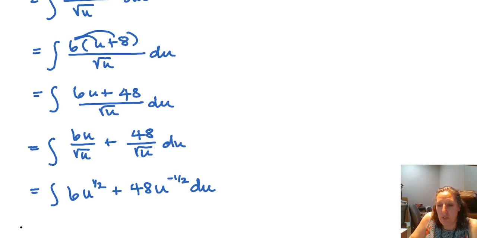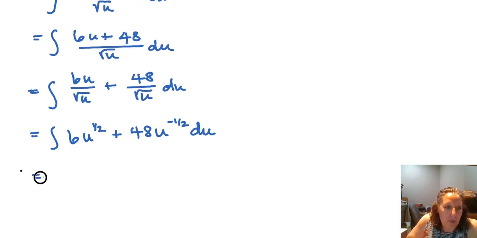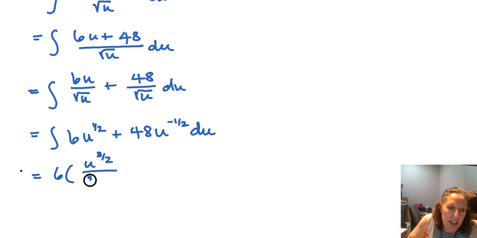Now we have it in a form where we can use our power rule. So we can take our integral here, and we're going to get 6 times the integral of u to the 1/2. We're going to add 1 to that exponent, and we're going to get u to the 3/2 divided by 3/2.